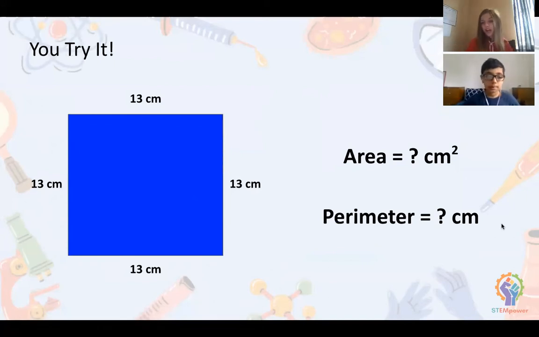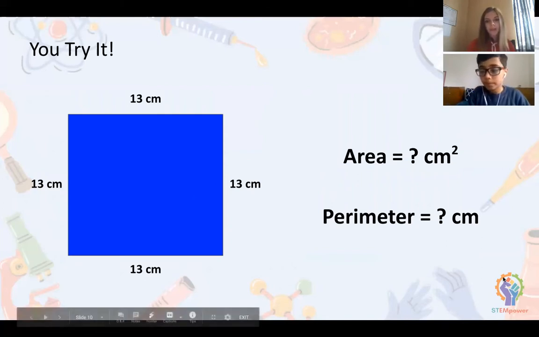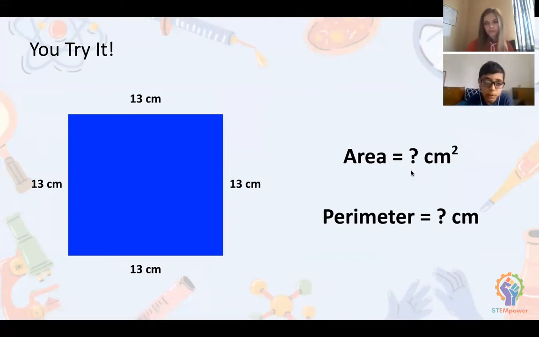Okay, so do you want to try it? You can grab a piece of paper and you can use a calculator if you want. So first, let's calculate the area. So the area would be 13 times 13, so that would be 169. Mm-hmm.